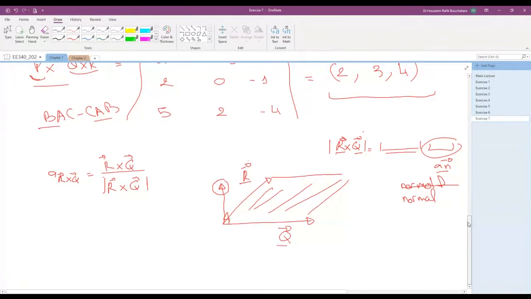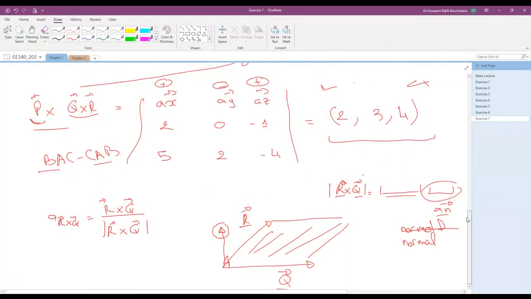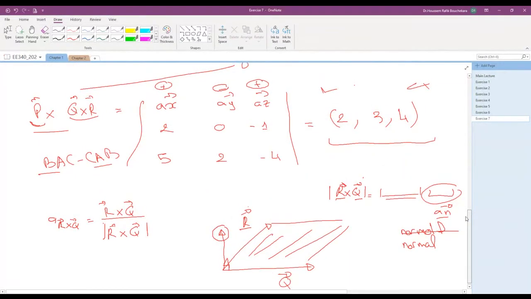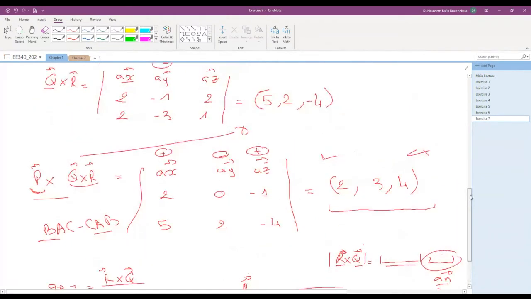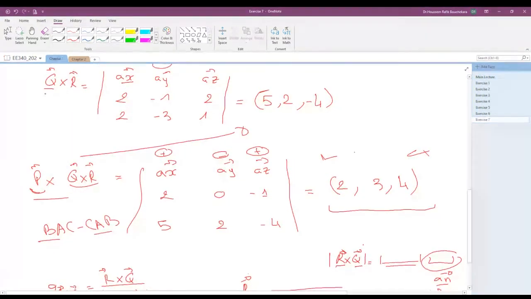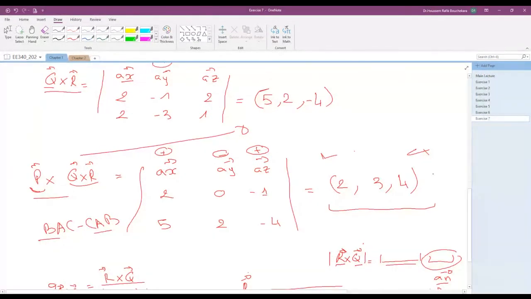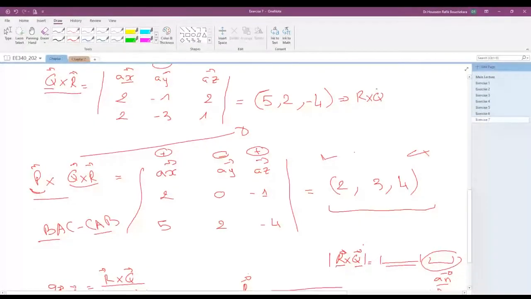Last time we determined R cross Q. What did we get? Q cross R, it is 5, 2, minus 4. So R cross Q, guys, what does it equal?